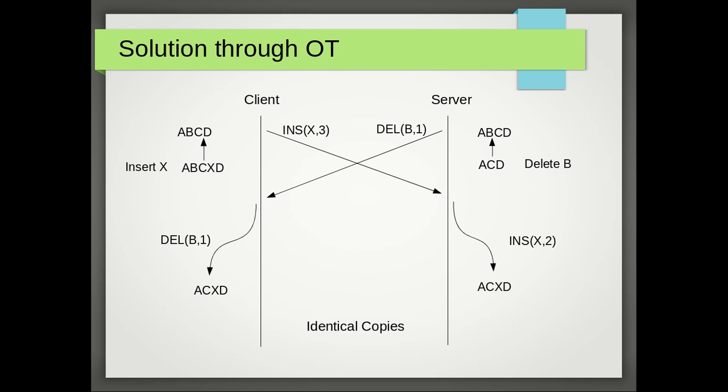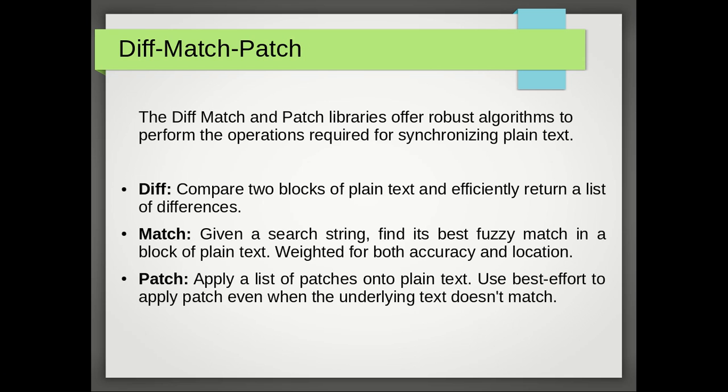For this we would be using a Google library named diff match patch. This library is available in C, C++, Java, JavaScript, in many languages. The first step is diff. If I'm given two blocks of plain data, it will simply compare both of them and give me the list of changes or differences that it encounters.